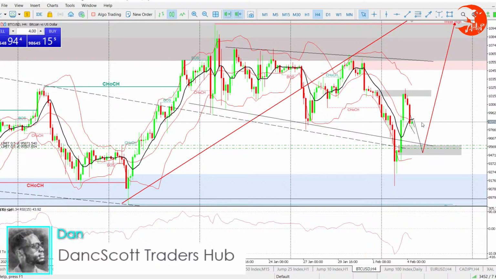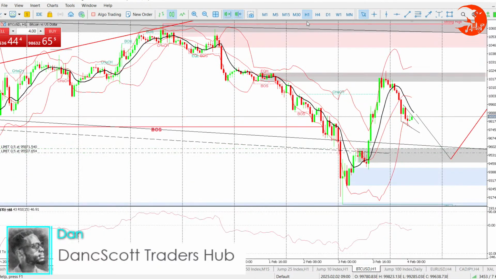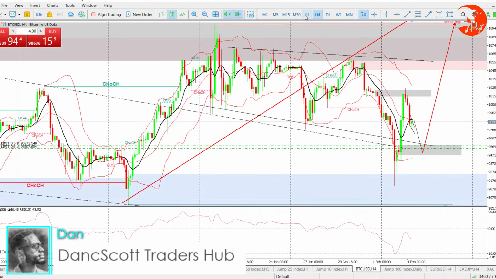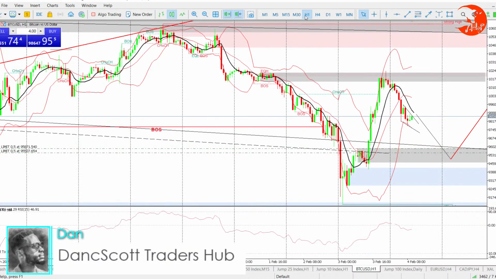So there is a possibility of consolidating more, and then later on breaking out and continuing buying. That's a possibility right there, just like how we want on H4. This may happen later on in the day.